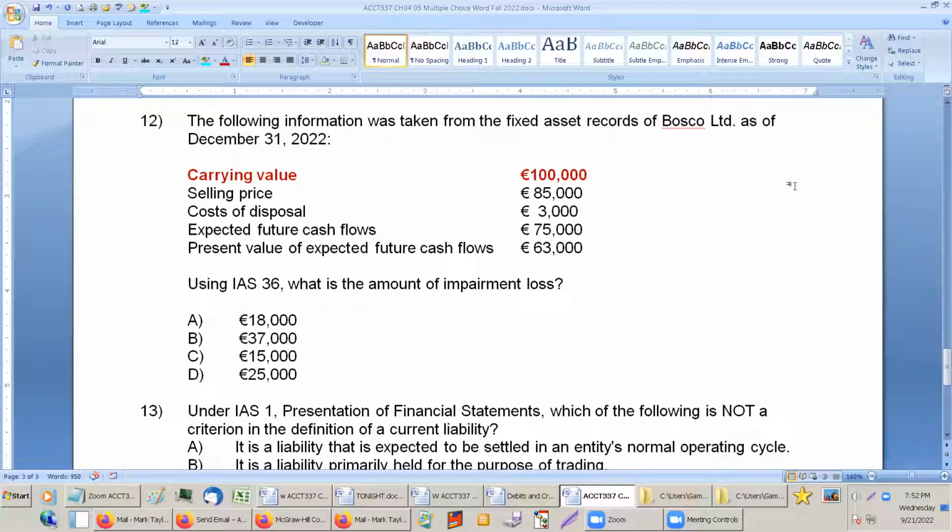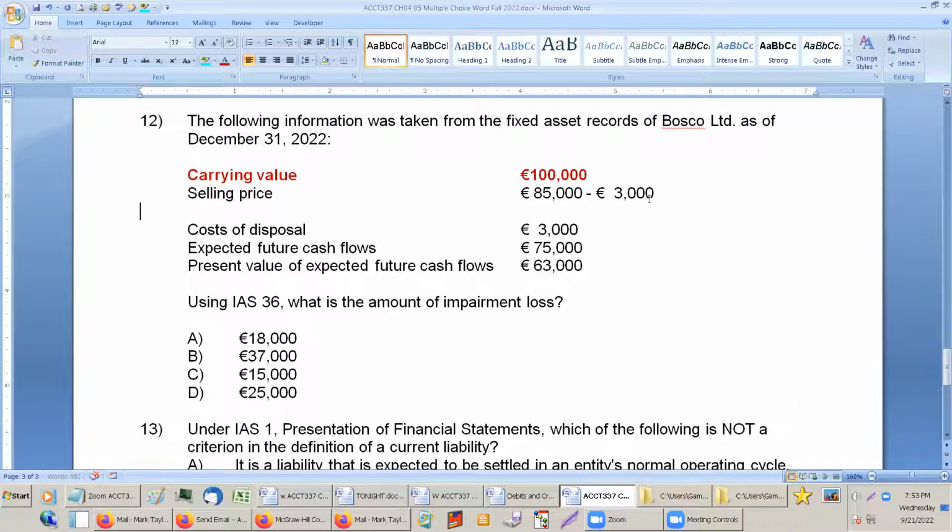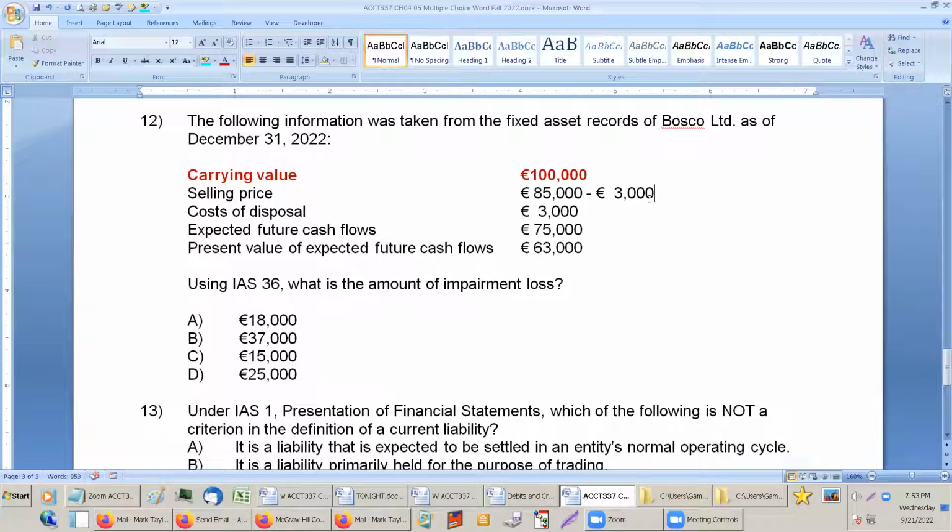Wait, we've got to subtract the disposal cost. 82,000. So we could sell it for that.